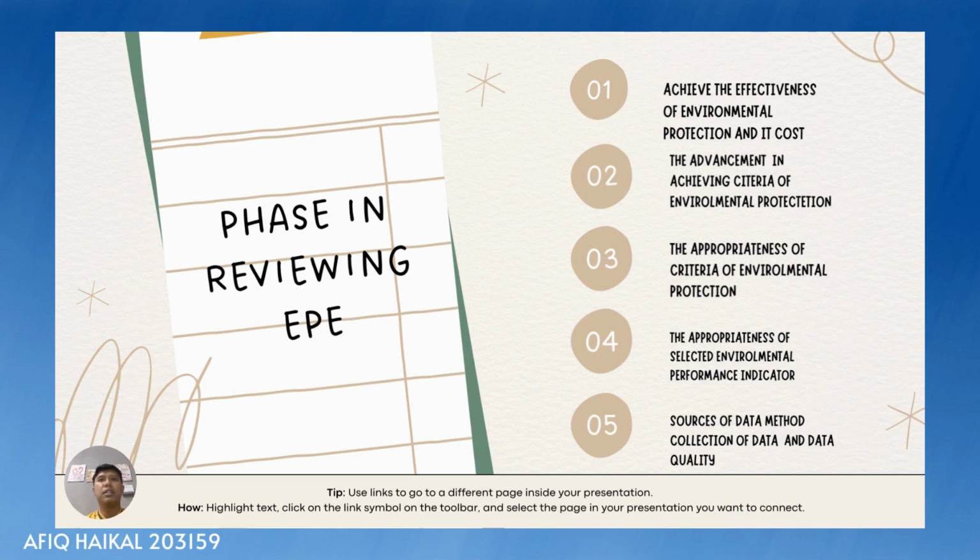The third is the appropriateness of criteria of environmental protection. Next is the appropriateness of selected environmental performance indicators. And the last one is source of data, method of collection of data, and data quality.